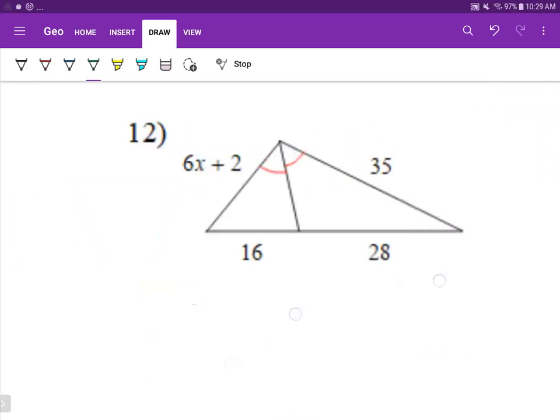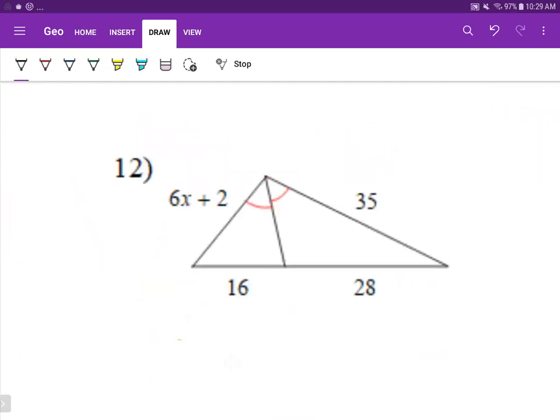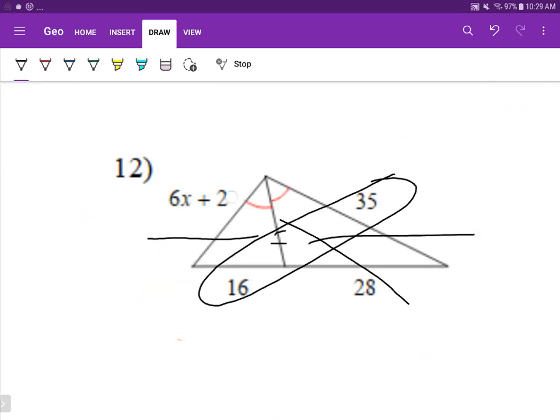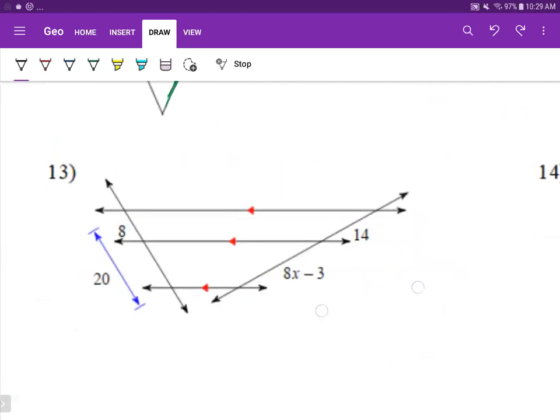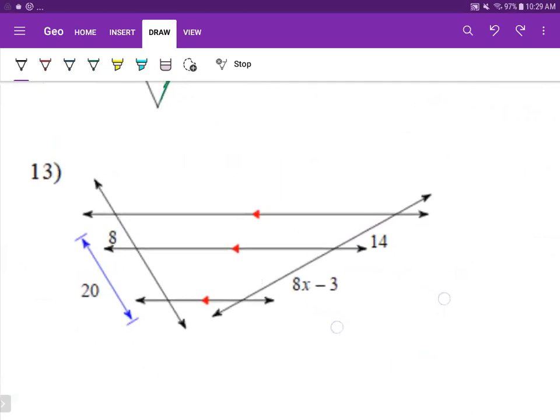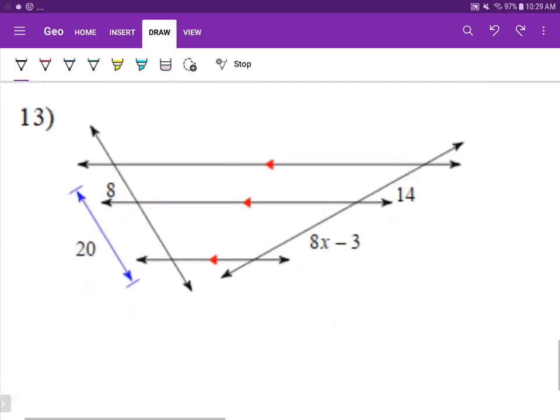This one is perfectly set up for you already. 6x plus 2 divided by 16 equals 35 over 28. Then you just cross multiply this way. When they're set up like that, it's pretty easy to see how they work. This one is also set up for you.